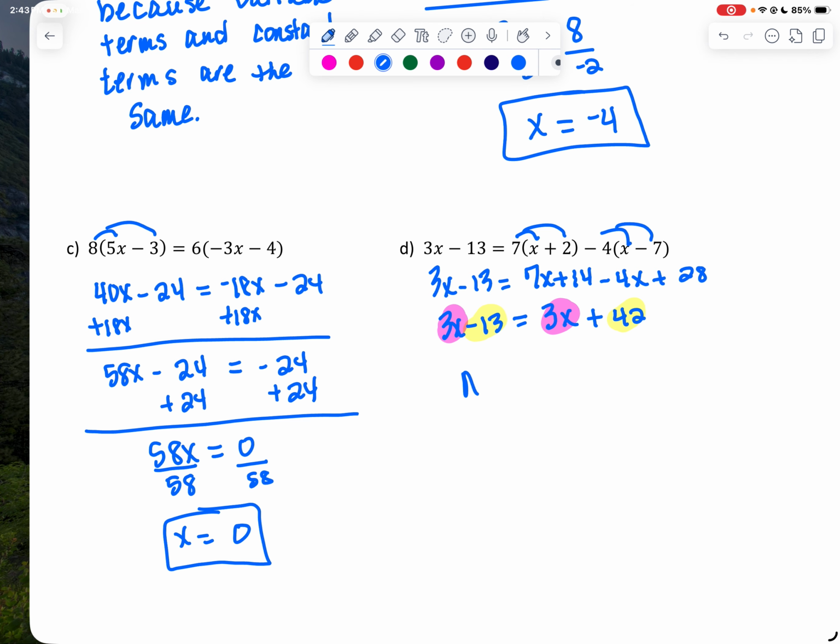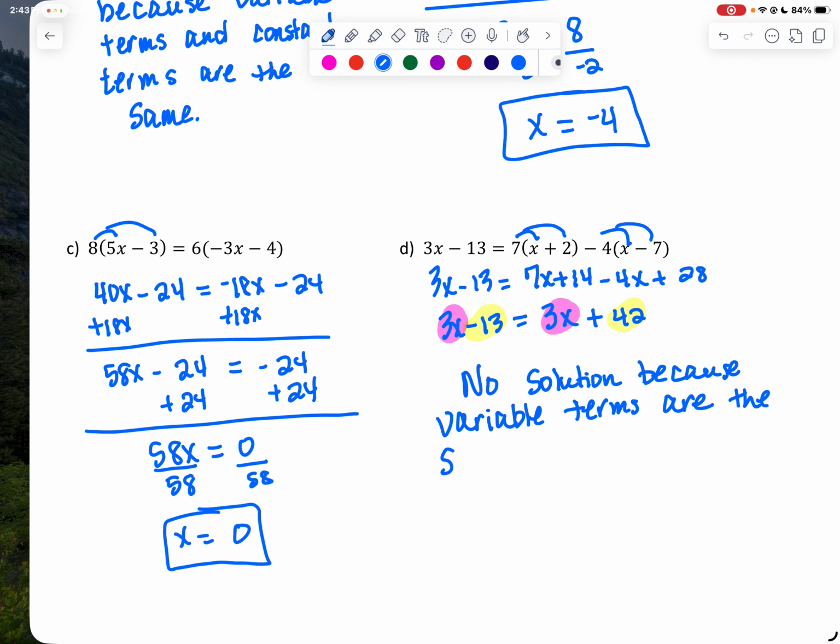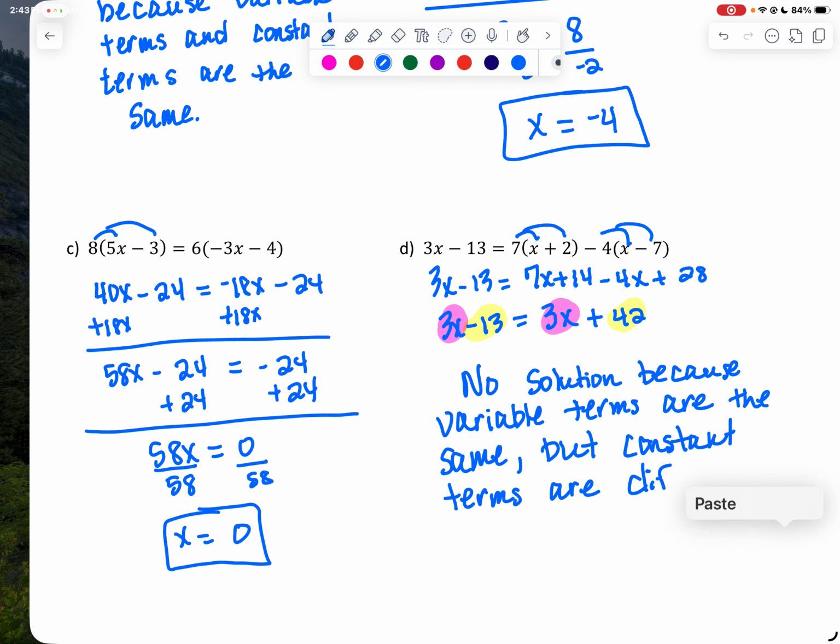So this problem has no solution because the variable terms are the same, but constant terms are different.